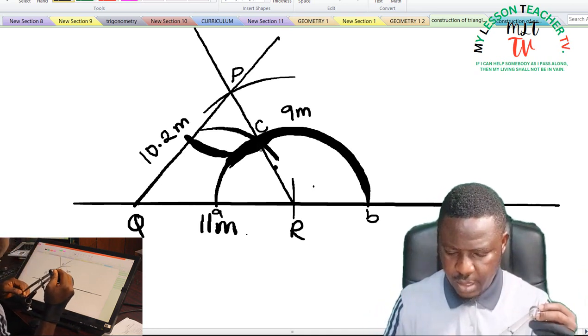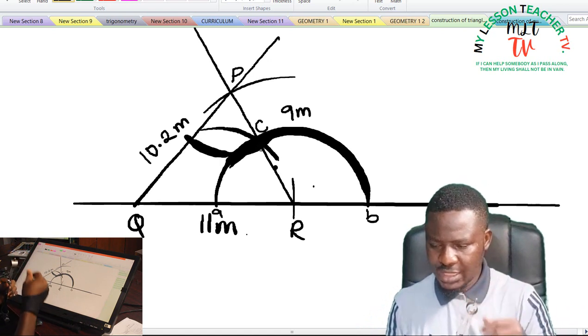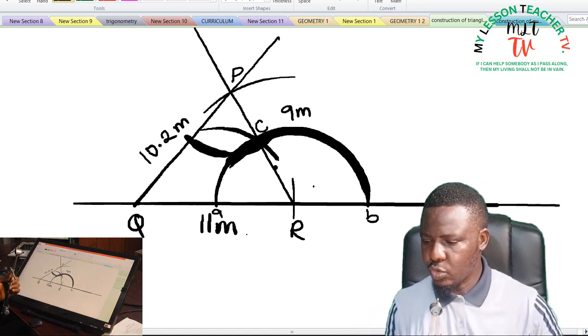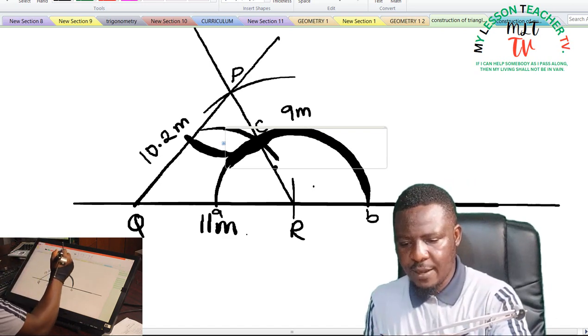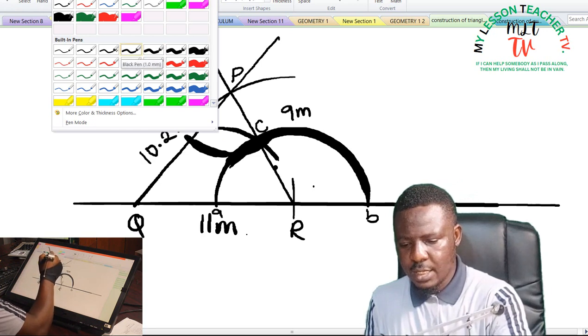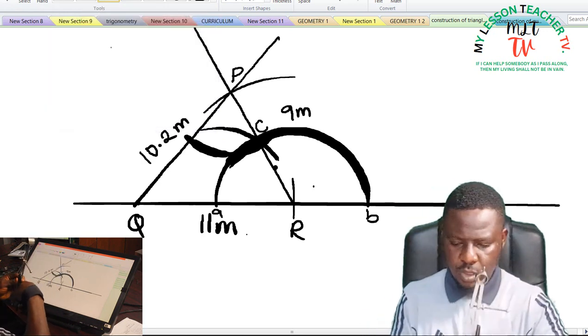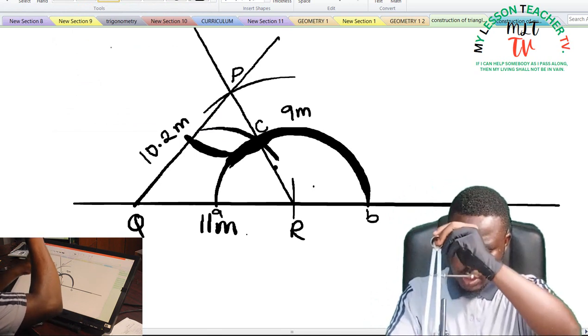My line is said to be too deep, too thick, so I'm going to reduce the pen mark. So let me get a lighter stroke. Okay, so what do we do?